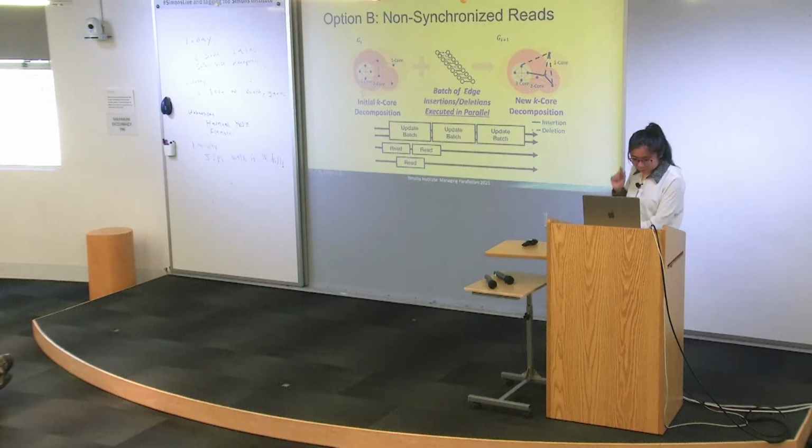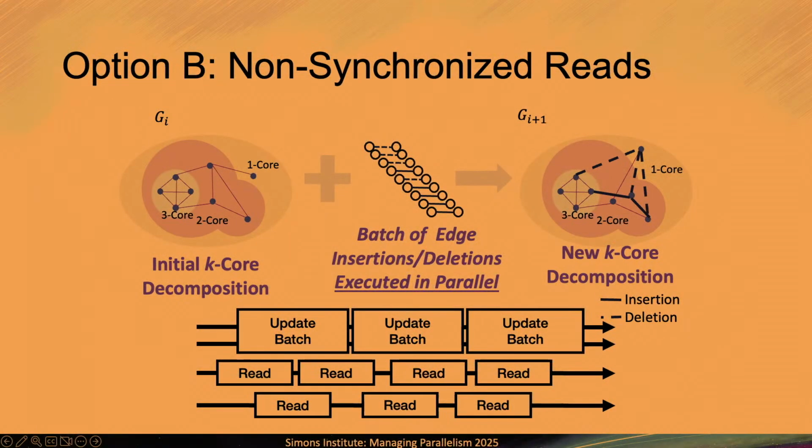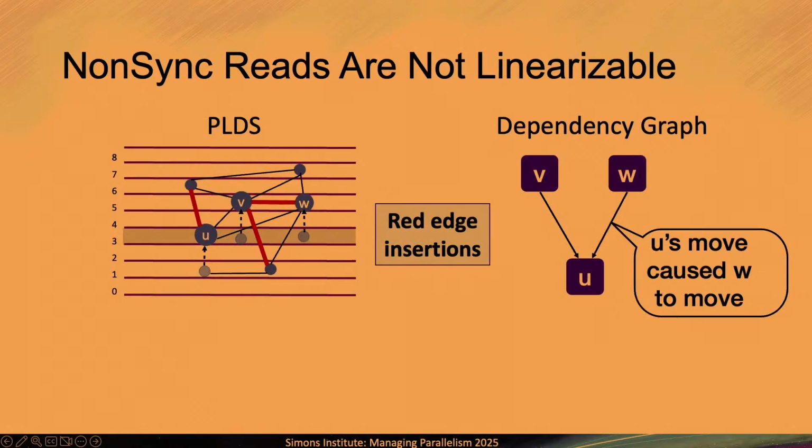Okay, so going back to the issue here. So the reads, let's just say you have all these reads and the reads occur at the same time. You just make it occur whenever you want. Now, the problem here is if you have an update, U, that causes other vertices to be updated. So you have this U, and it causes this V and this W to be updated, which it will occur.